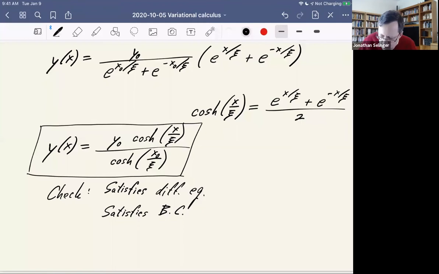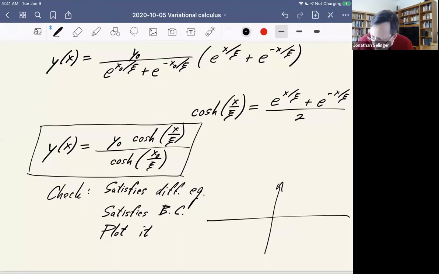Well, you can plot it. So you could plot y of x as a function of x from negative x0 to positive x0.